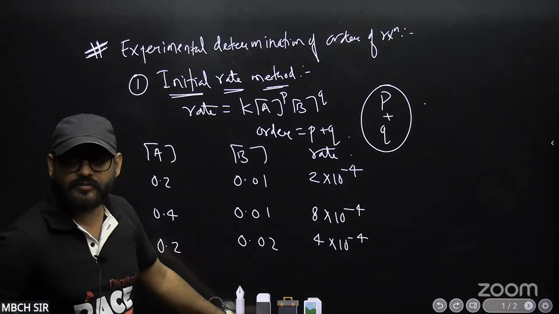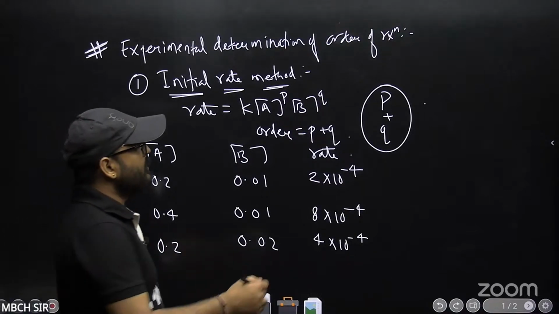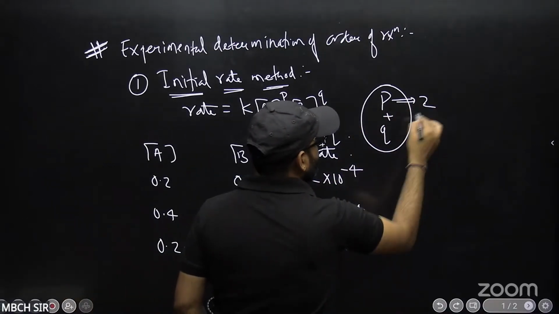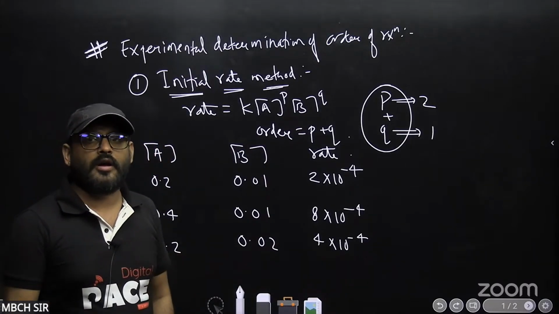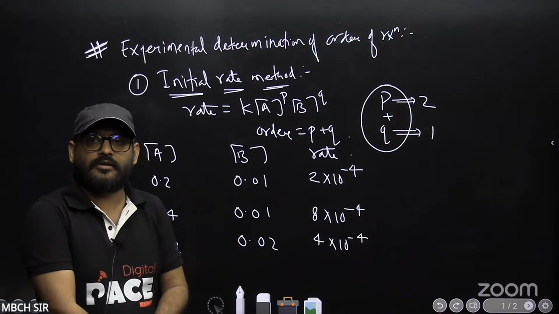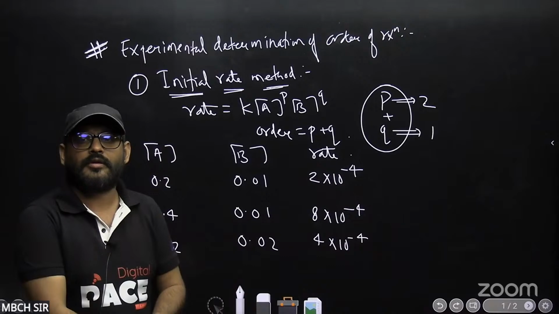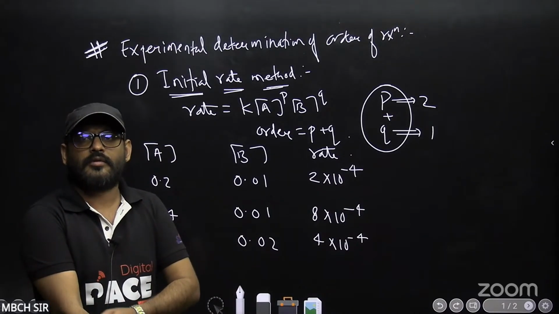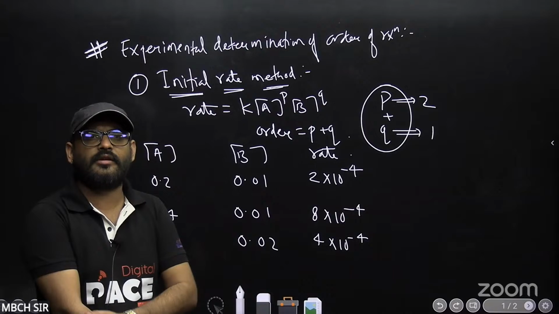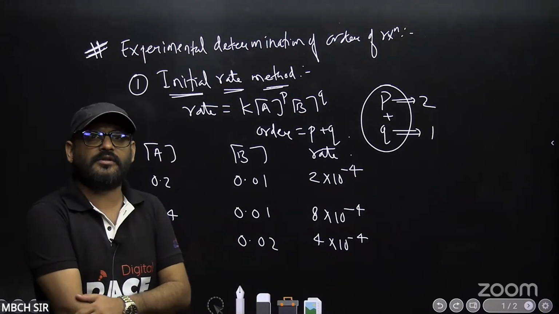I think we have the answer. Yes, P equals 2 and Q equals 1. How many of you have got it right? P 2, Q 1. One, two, three. Only three, four people.